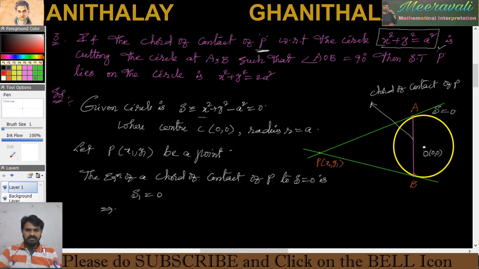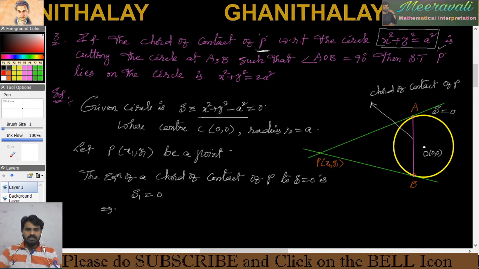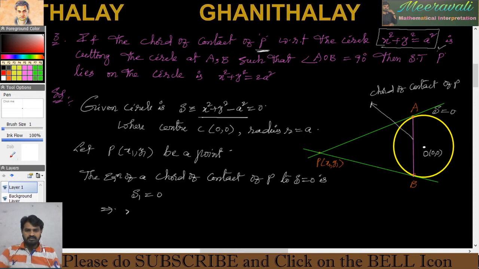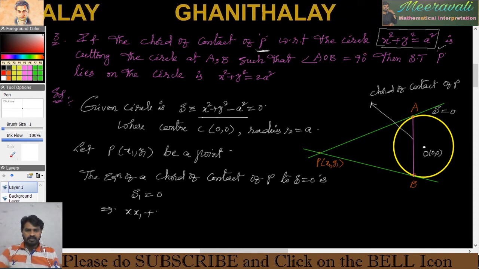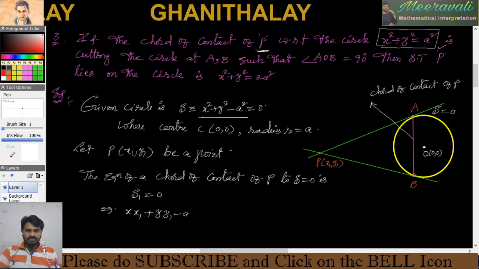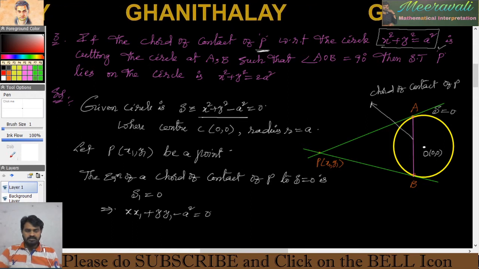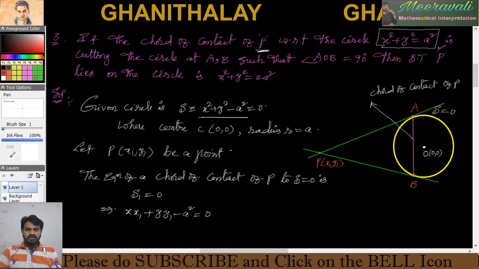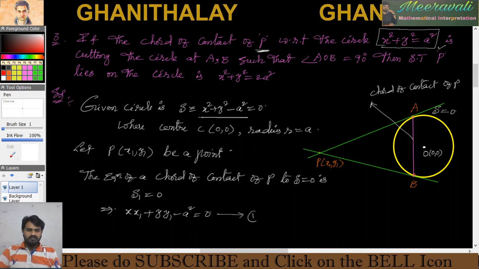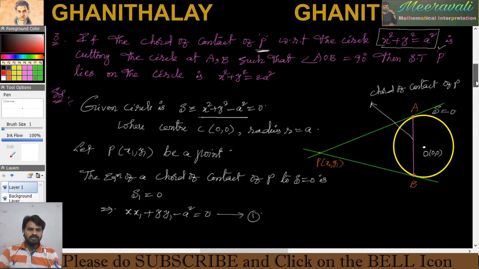Where S is this circle here. By using this, you can write S1, that means x x1 plus y y1 minus a square is equal to 0. Let this be equation 1. Now what is given here?